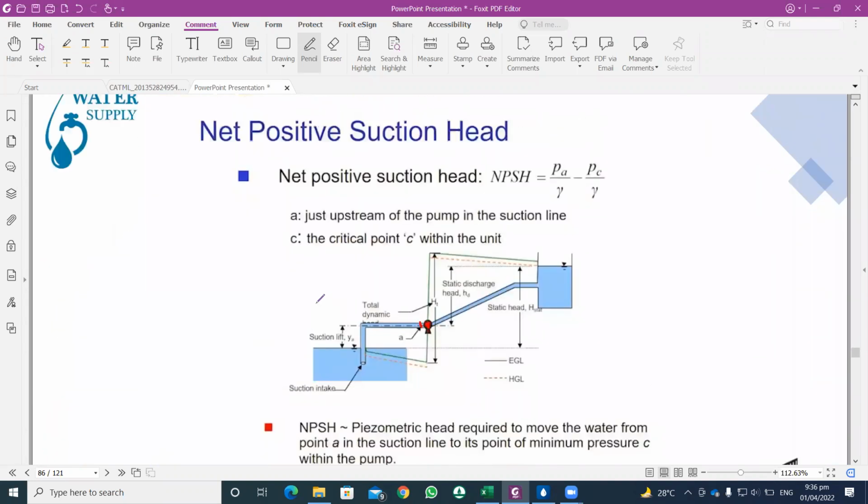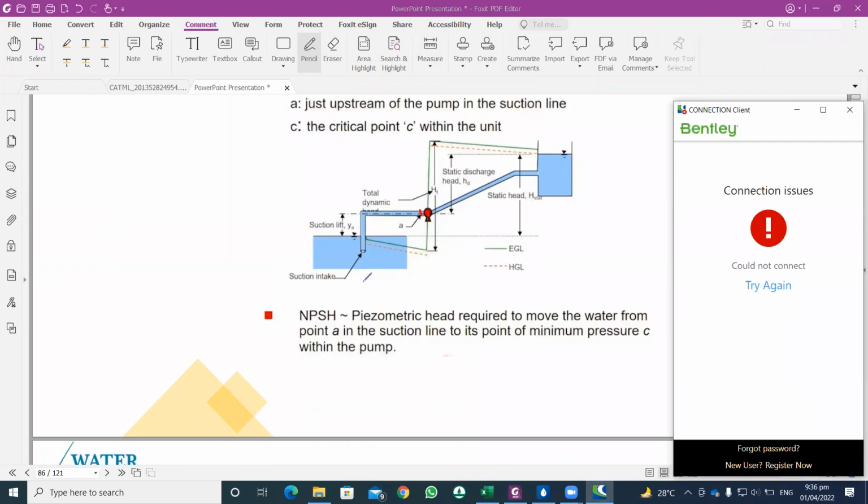And the manufacturer also provides the net positive suction head for the pump in order to know where the pump should be placed above the surface of the water in order to avoid cavitation.